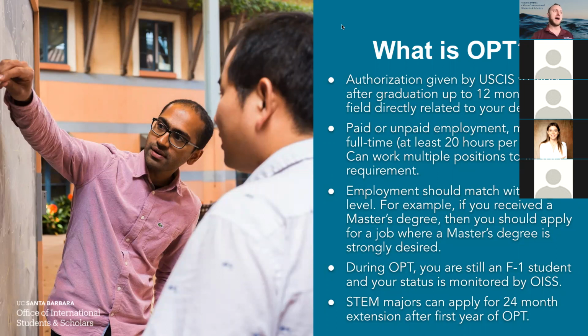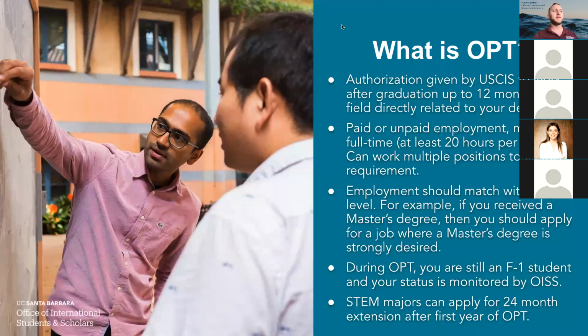Your employment should match your degree level. For example, if you receive a master's degree, then you should apply for a job where a master's degree is strongly desired. Same goes for bachelor's or PhD. During your OPT, you are still an F1 student and your status is monitored by the OISS. STEM majors can apply for a 24-month extension after your first year of OPT.